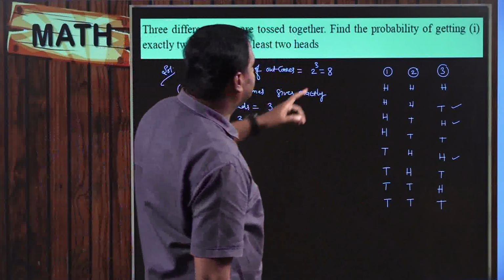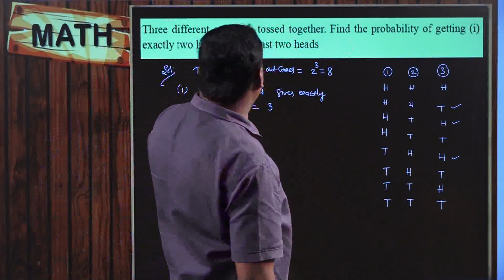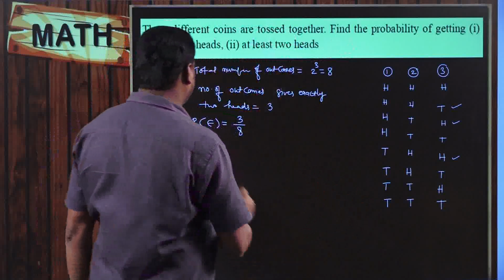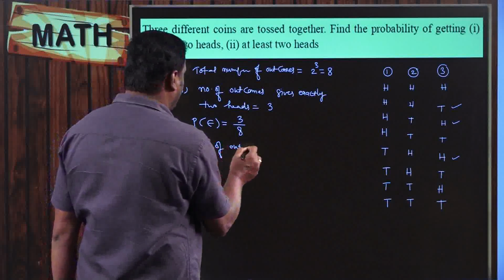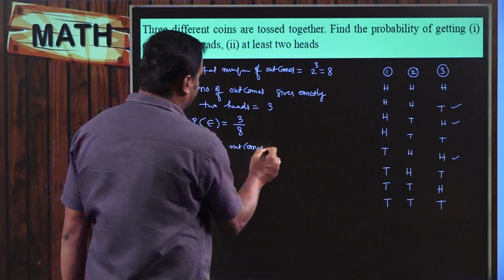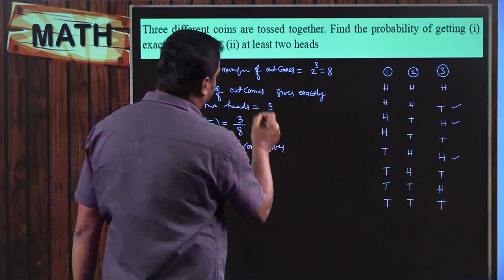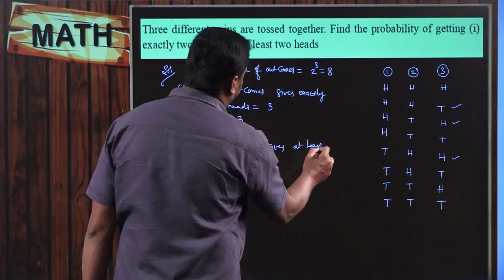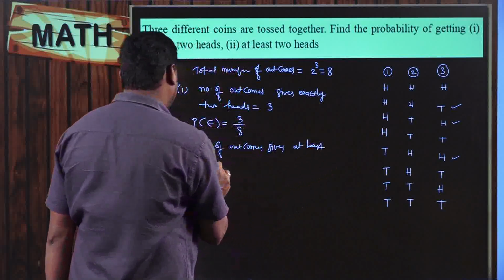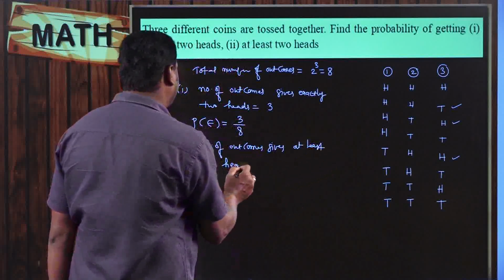Here the second one is the probability of getting at least 2 heads. So, the number of outcomes that give at least 2 heads. What do you mean by at least 2 heads?